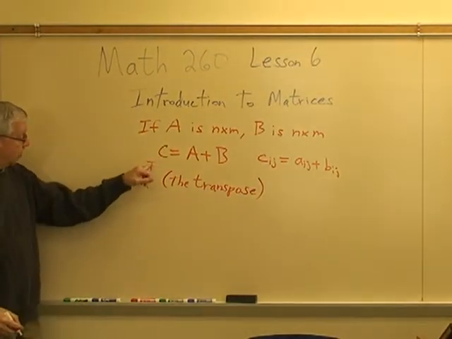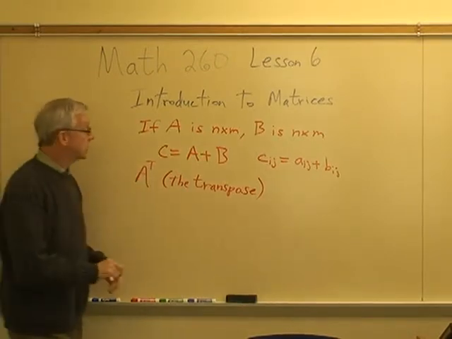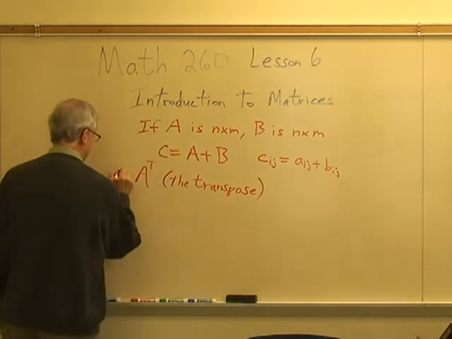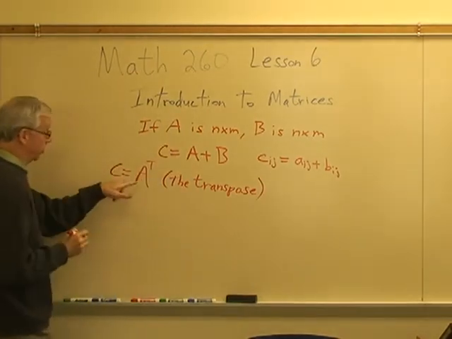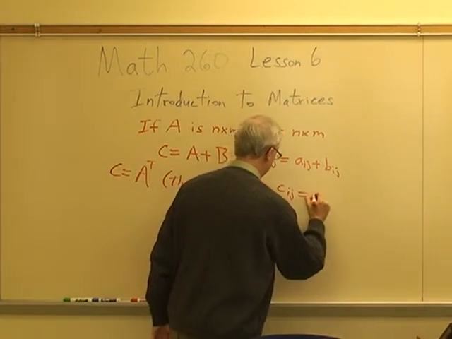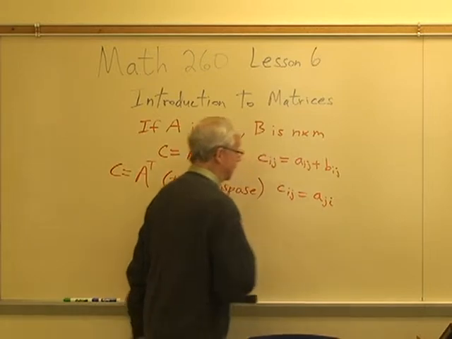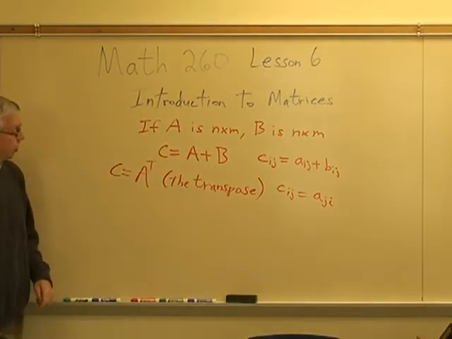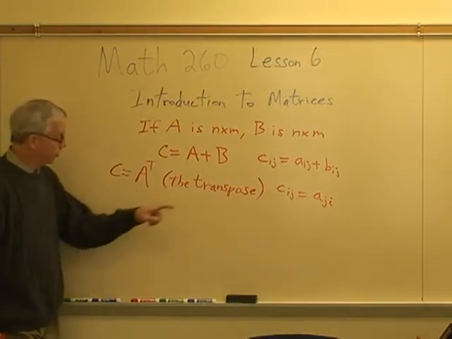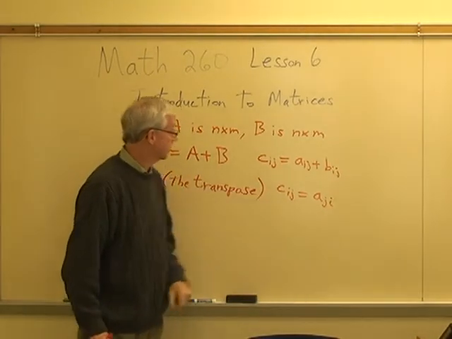Written this way, A with a T in the exponent means A transpose. If I make the new matrix C as the transpose of the matrix A, then C_ij is A_ji. What does that do? It reverses the roles of rows and columns. That is, the rows of C are the columns of A.